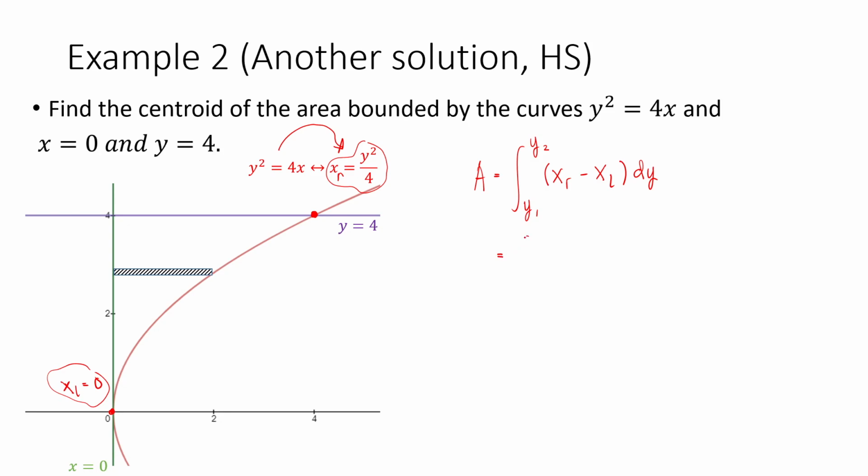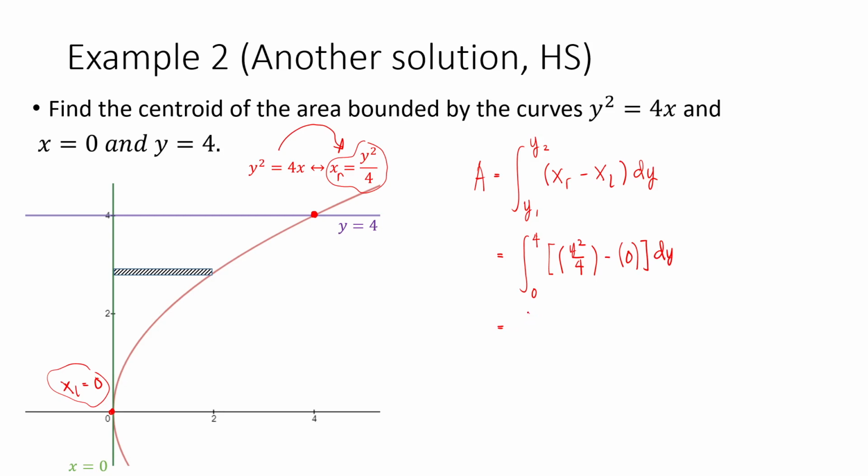So the same range of limits, but it's in the y direction, so still from 0 to 4. So x sub r, or x right, again is y squared over 4. Then x left again is the green graph, that is 0.